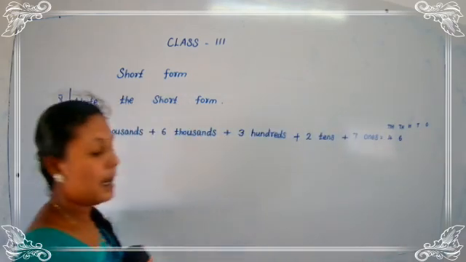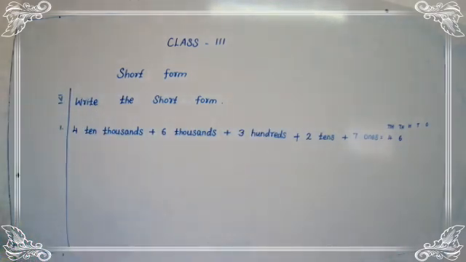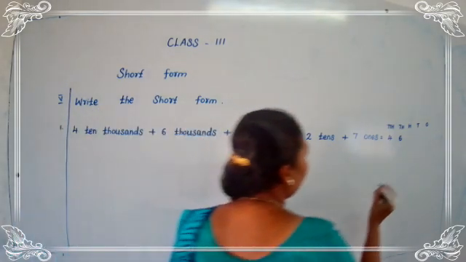Then see the hundreds place value. How many 100 is here? 300. So you have to write 3 in 100 place.